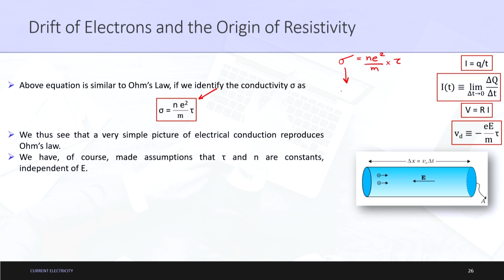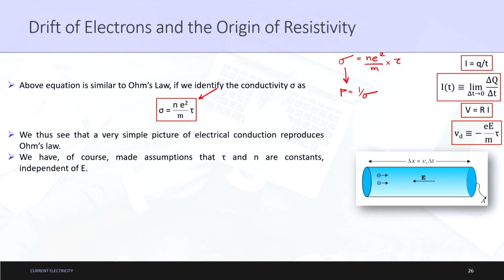How has resistivity been found? Resistivity is nothing but 1 by σ, and this is the complete circle of how the origin of resistivity has been derived. Using the concept of drift of electrons, we found the average velocity at some time, then using that we calculated the value of Vd.